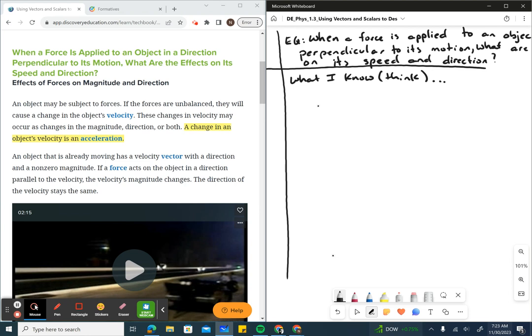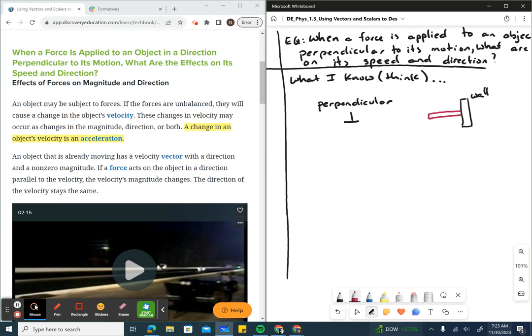Remember that perpendicular has a symbol like this. If we were to say that I have a wall, this is a wall, then I could say that this second wall is coming in perpendicular.